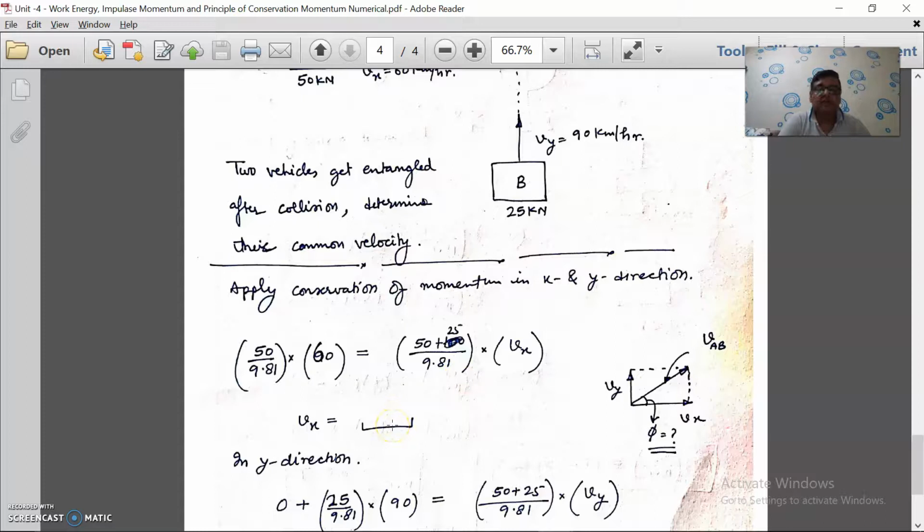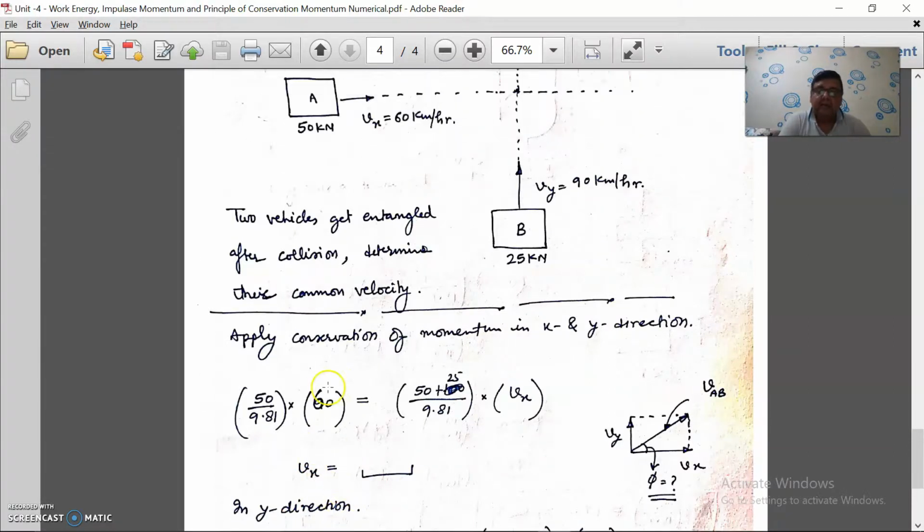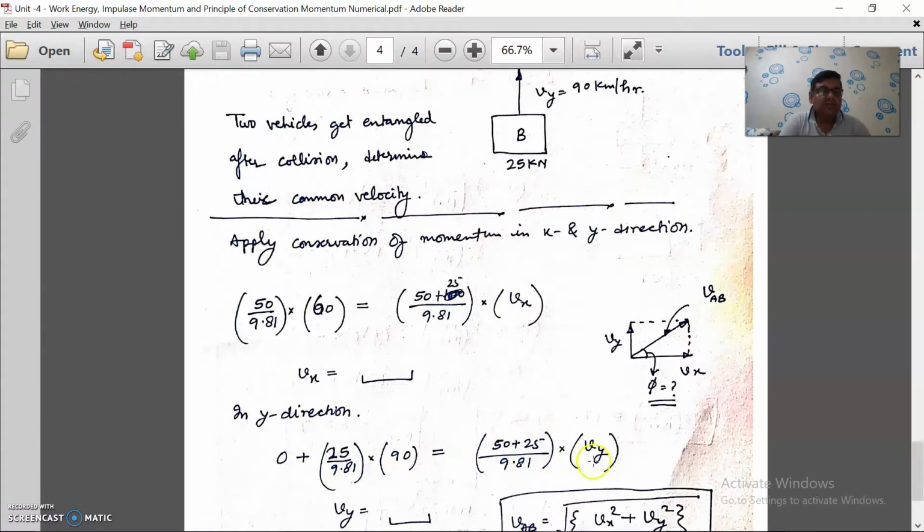So I'll calculate Vx. If we apply the same principle along the y direction, then for the first block along y it is 0, but for the second it is m into v, equal to the combined mass into Vy, right? This equation will give me the value of Vy.